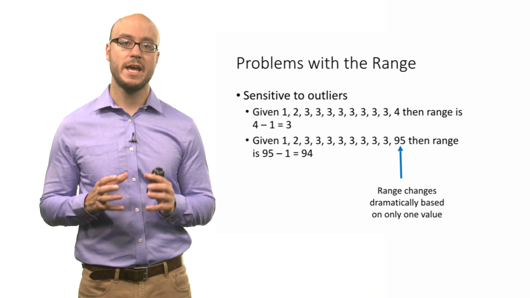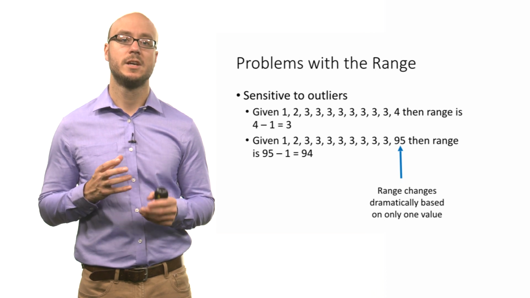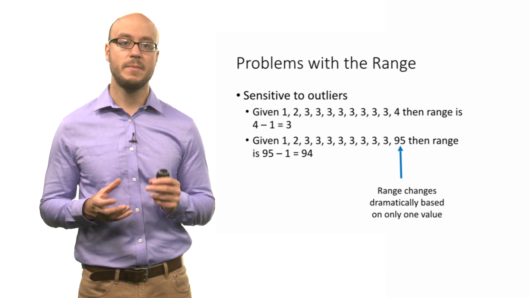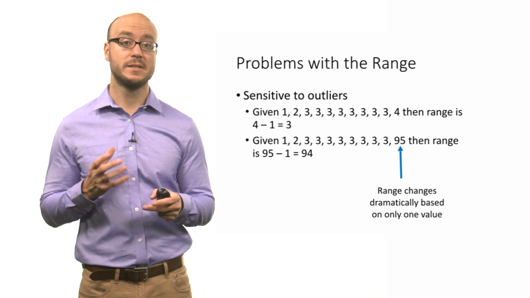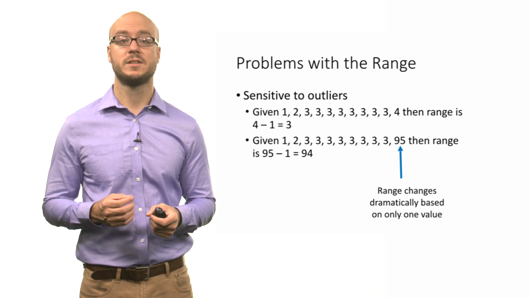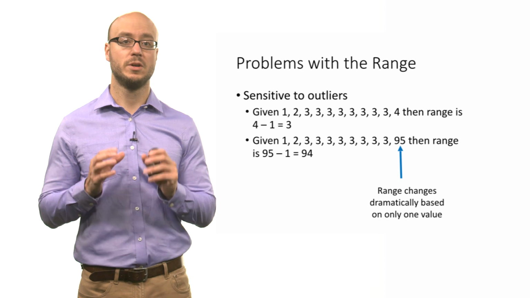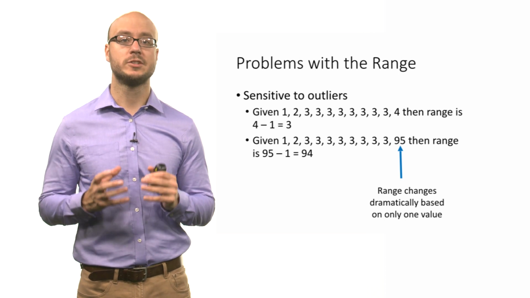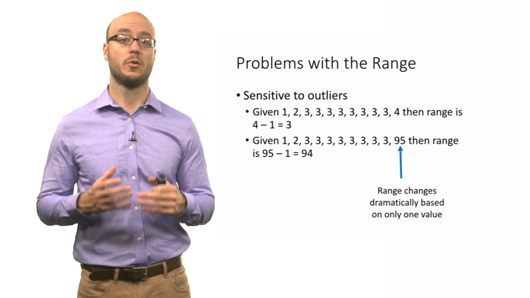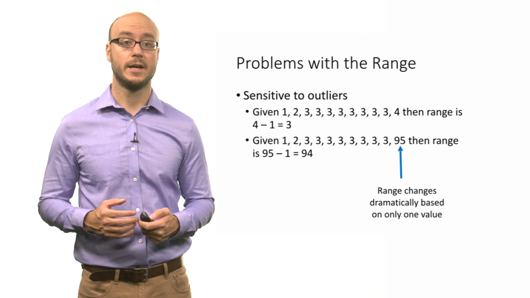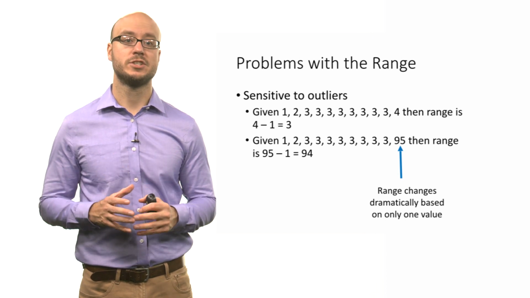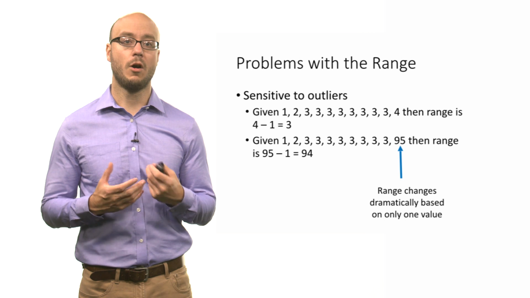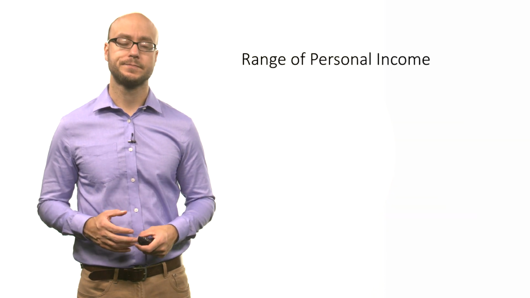So you can see that the range is quite sensitive to how these extreme endpoints are changed, because it's based on the endpoints. If you change one of the values of the endpoints, the range will change. So another way to put it is that the range is sensitive to extreme values, otherwise known as outliers, right? The range changes based on just the alteration of one data point.